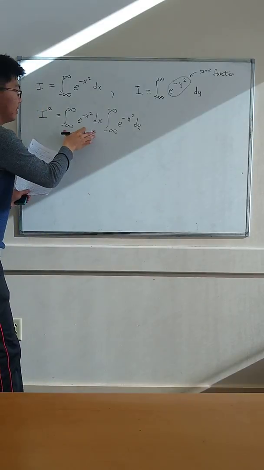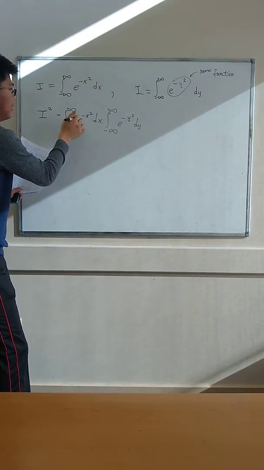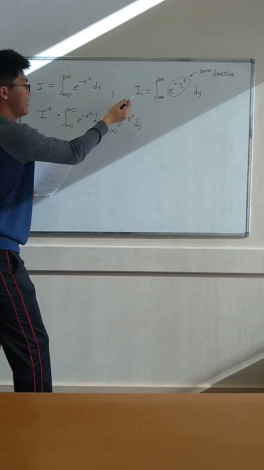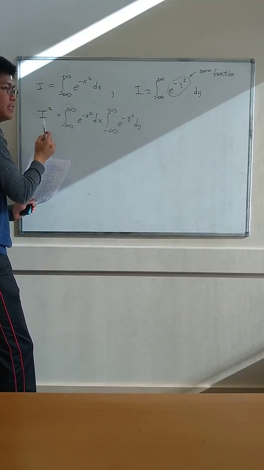And now, because this is I and this is I, the final value is I squared.